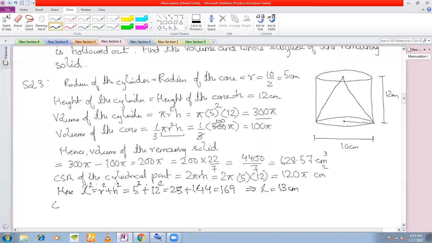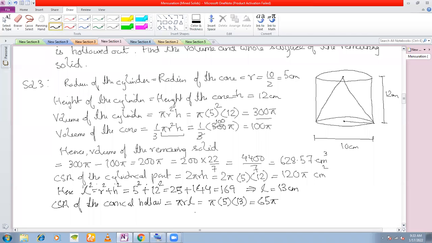Now we can find the curved surface area of the conical hollow, which is pi r L. So pi into 5 into 13, this is 65 pi, right?